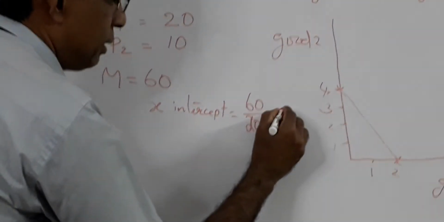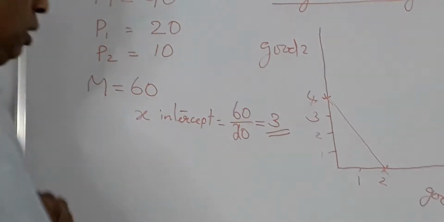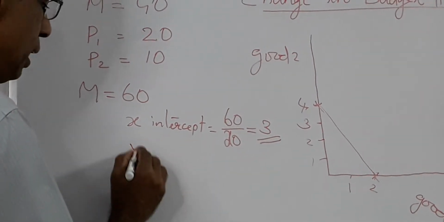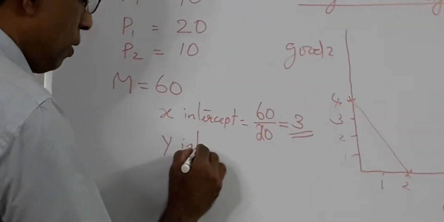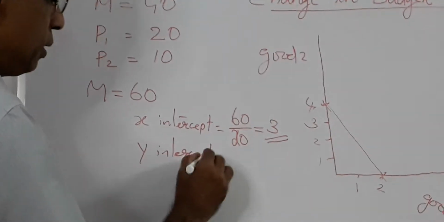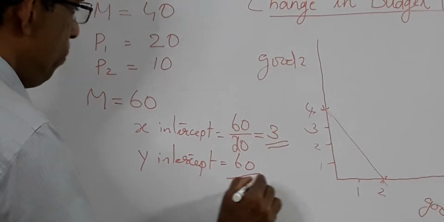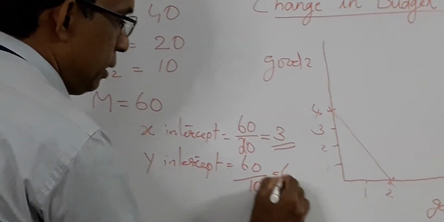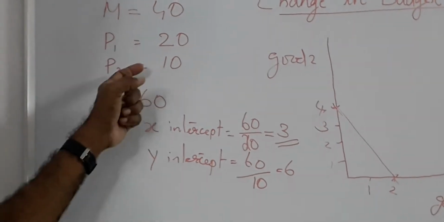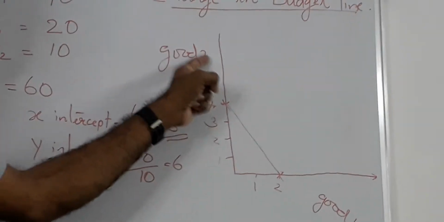So x-intercept is 3. Then we have to find out the y-intercept. Y-intercept, that is 60 divided by 10, P2, that is equal to 6. So in the new situation, x-intercept is 3, y-intercept is 6.